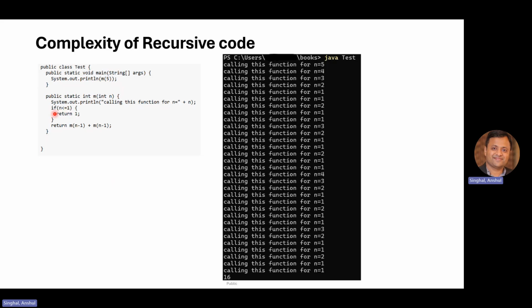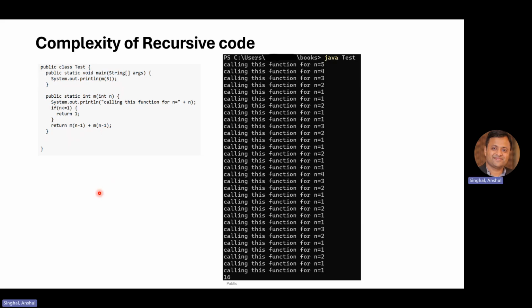We are just evaluating the value of n and returning immediately. Now the main thing is the return statement, where we call the function itself with n minus 1 plus n minus 1.